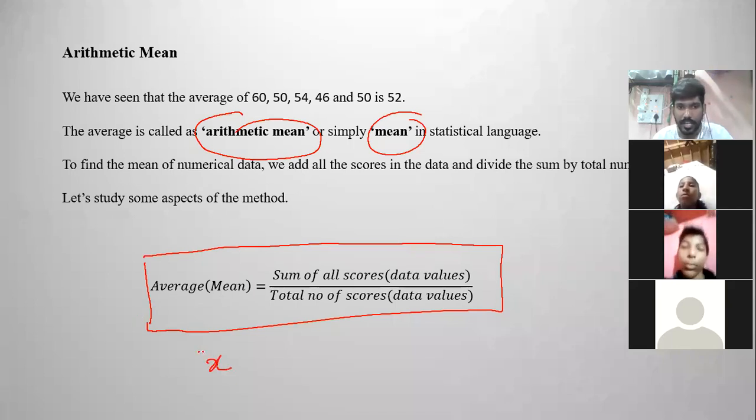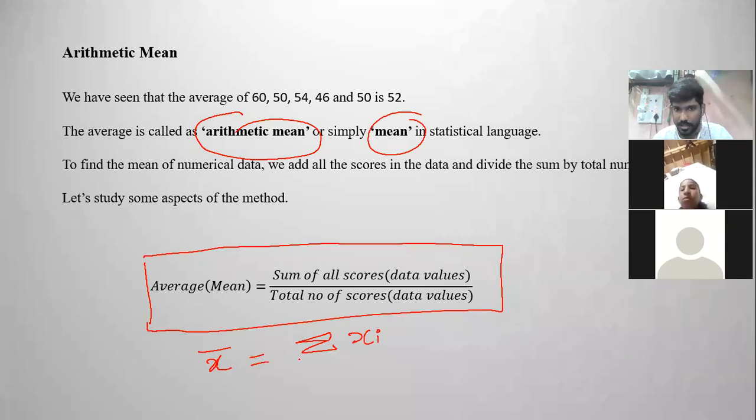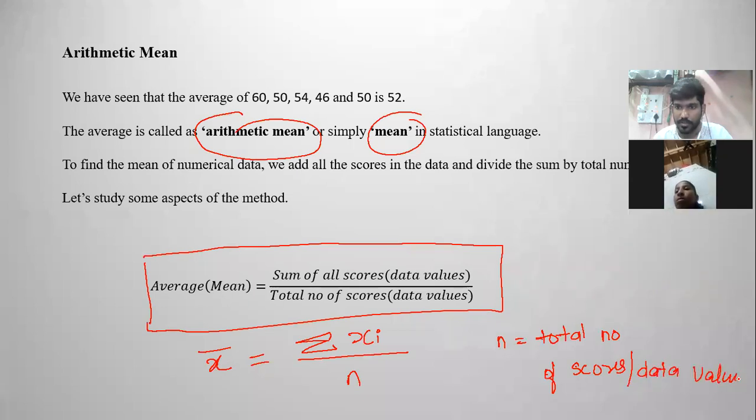It is denoted as X bar, and you can write this as summation xi upon n, where n is the total number of scores or data values. Is this formula clear? Sum of all scores upon total number of scores.